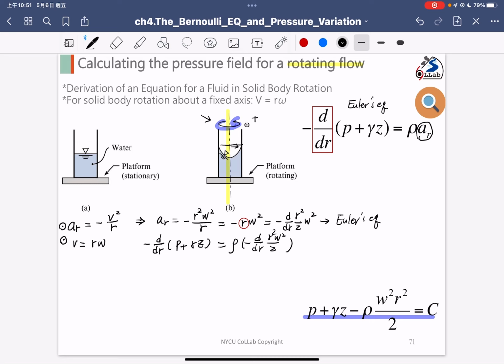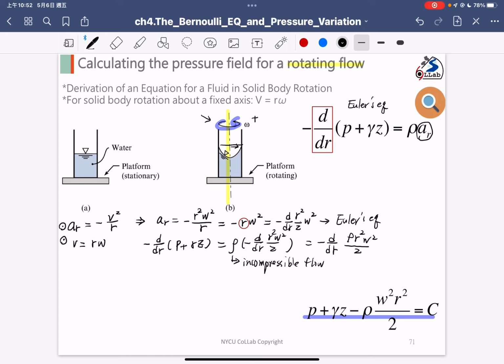Then again, we know the density, since we have incompressible flow, can be put inside the differential. So this is minus d/dr of (rho r squared omega squared over 2).